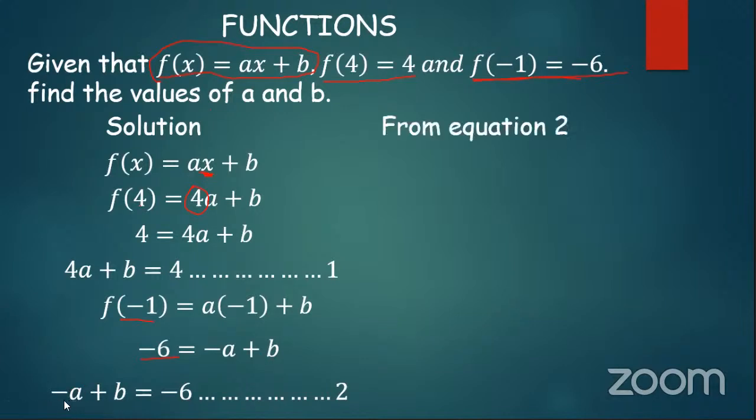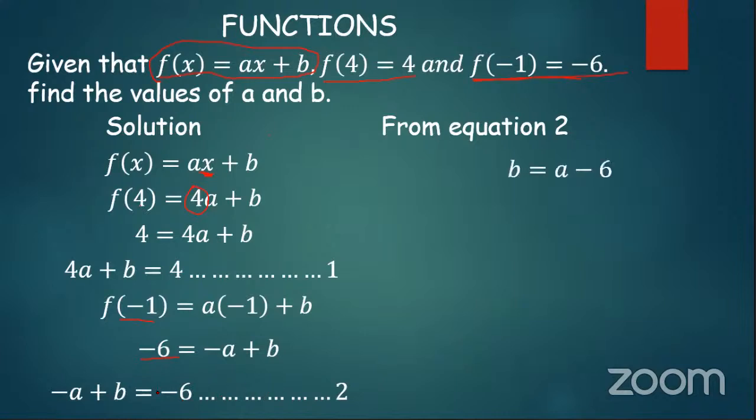Remember there are different methods of solving simultaneous equations. We can use elimination, we can use substitution, and others. But because it is much easier to make a subject of the formula, we are going to use substitution. From this equation, we can decide to make either a or b the subject of the formula.